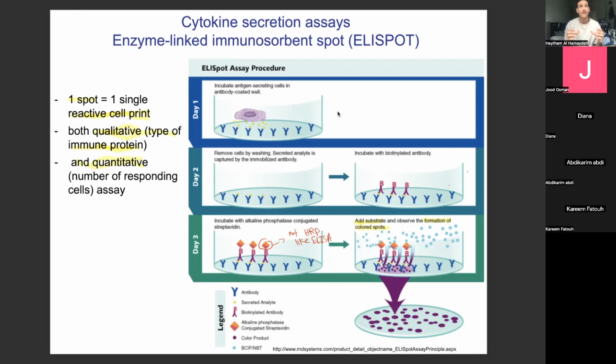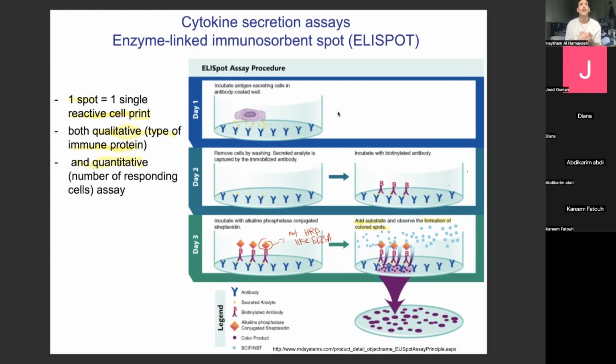Let's go through ELISA first. ELISA basically detects the presence of cytokines and the concentration in a snapshot. ELISpot detects the increase of the concentration of cytokines across time. So the only difference between those two is the time factor.